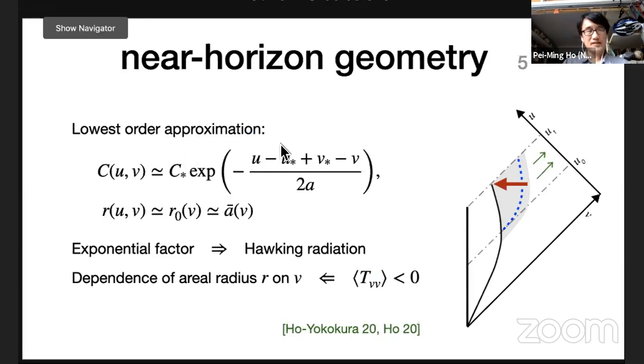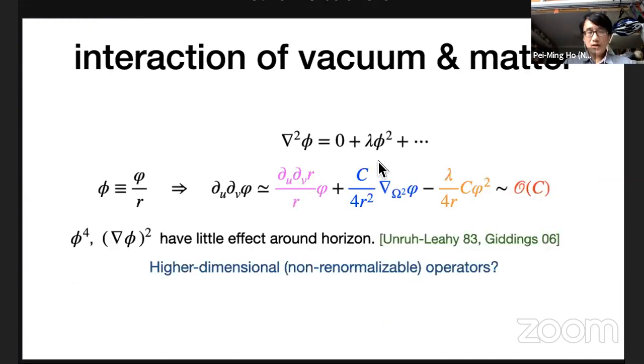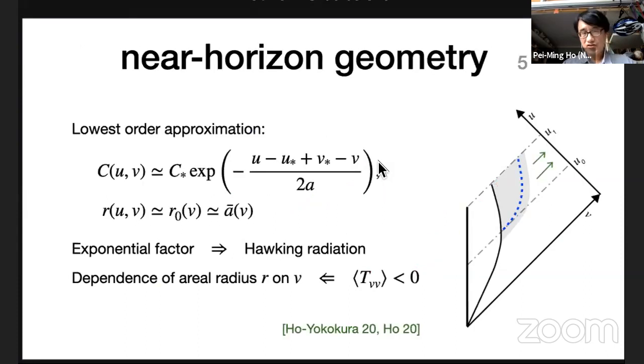So you easily get a high power of Planck length over A from this exponential factor when U and V are changed only a little bit. So that was the near horizon geometry. It's actually in the end not too much different from the Schwarzschild approximation.